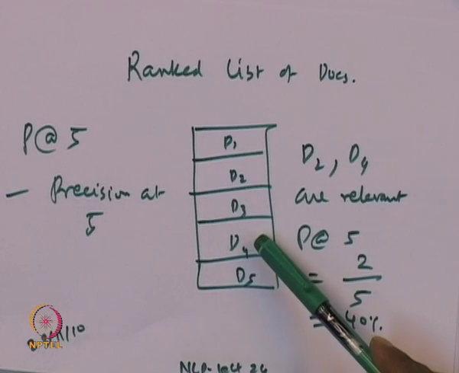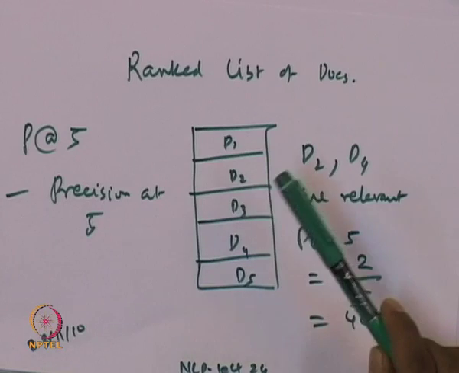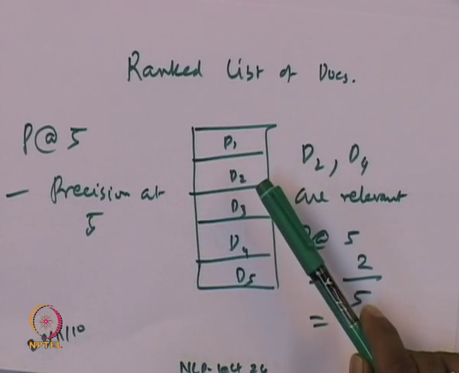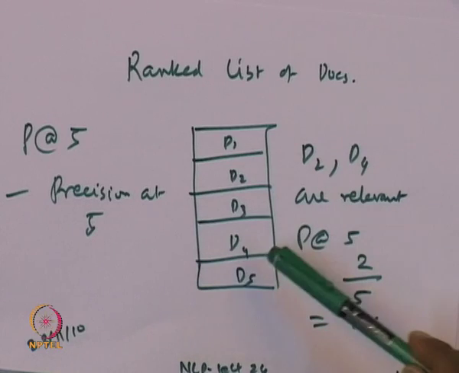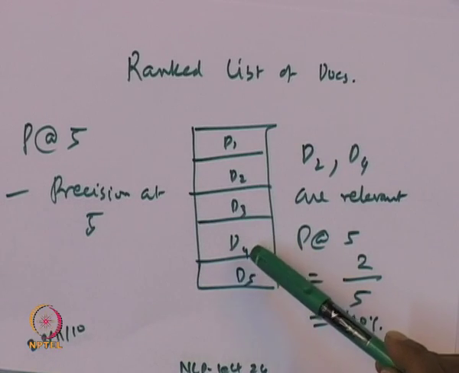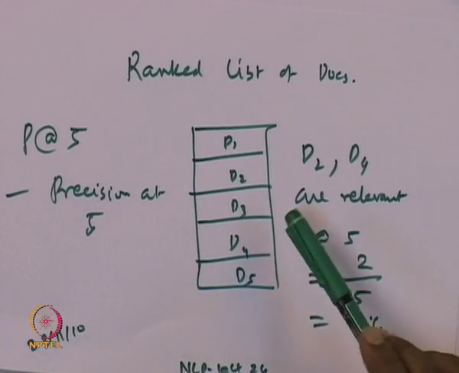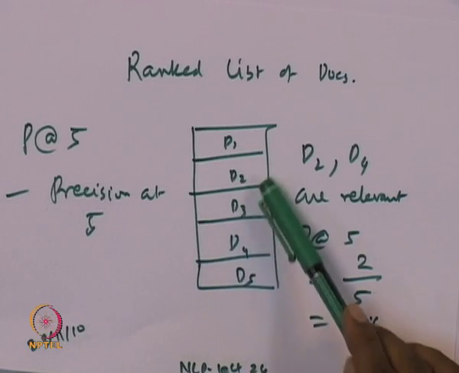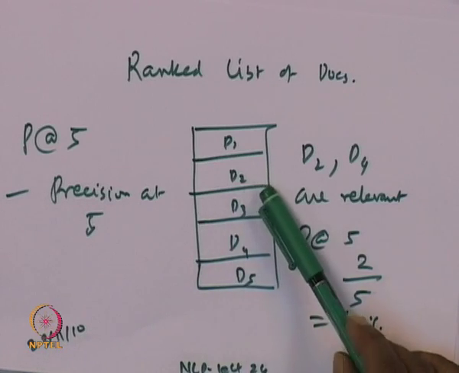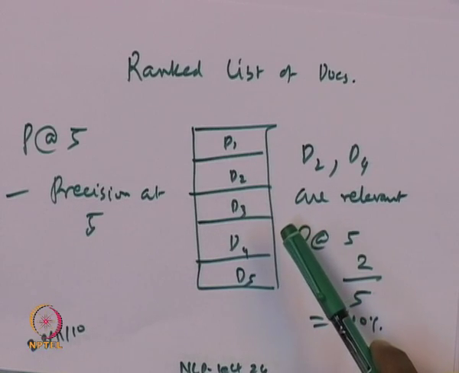They are from the list of actually relevant documents, but if we want to calculate the recall, then we will have to know the actual list of documents which are relevant. If that number is known, then we can divide these values, D2 and D4, that is 2, by the total number of actual documents.